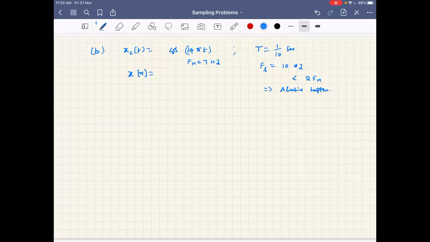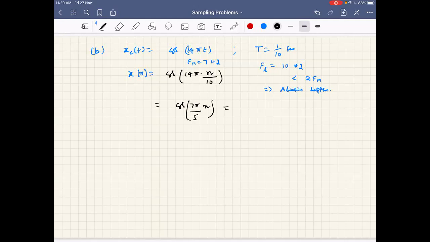Quickly we will see. So now you can write this as cos of 14 pi t, where we replace t by n by 10. So cos of 7 pi by 5 n. Do we go with this, or should we rewrite this?